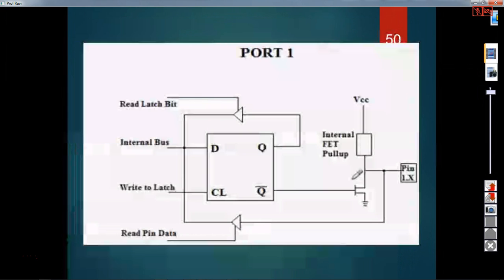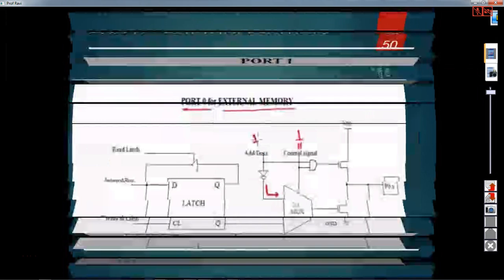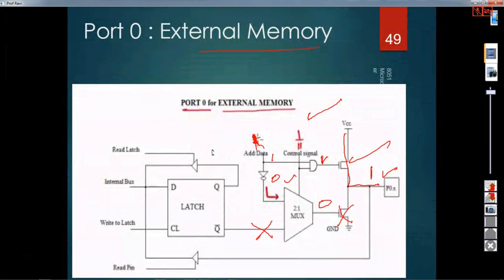Similarly, carrying 0 can be seen. If it is 0, it will be 1, and when the output is 0, then this is off. When this is off, this is 1, so when it is 1, this transistor is on.